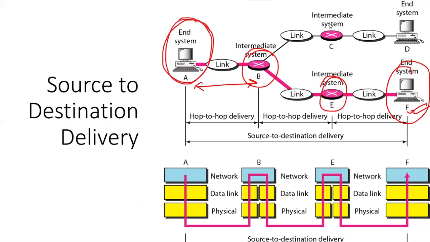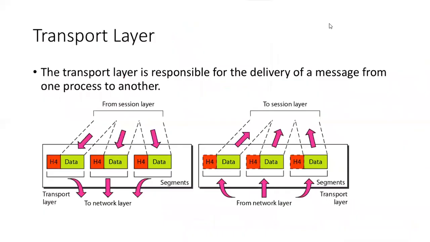We will talk about addressing in networks in a later video. Just remember that in the network layer, the addresses given are the addresses of the source and the destination. So this is source to destination delivery, and this is handled by the network layer.